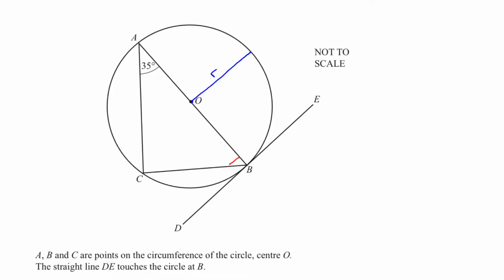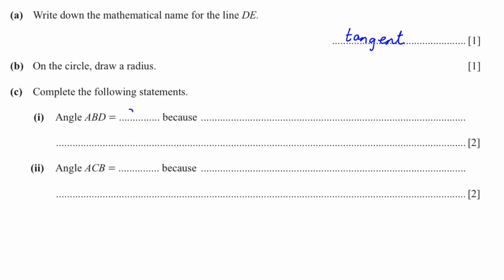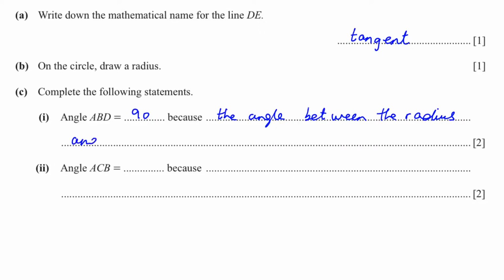So this angle ABD equals 90 degrees because the angle between the radius and the tangent equals 90 degrees.